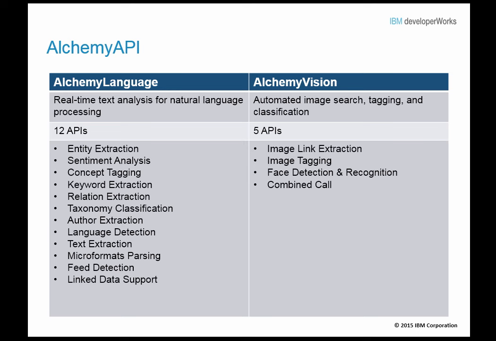What are the API endpoints offered by Alchemy API? Alchemy API offers two categories of APIs, namely Alchemy Language and Alchemy Vision.